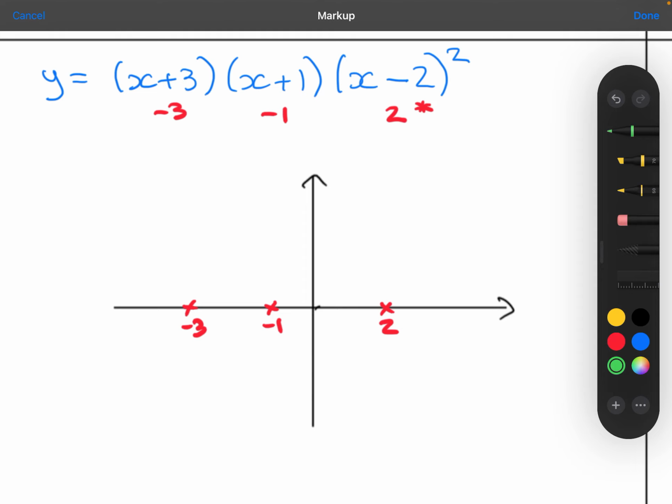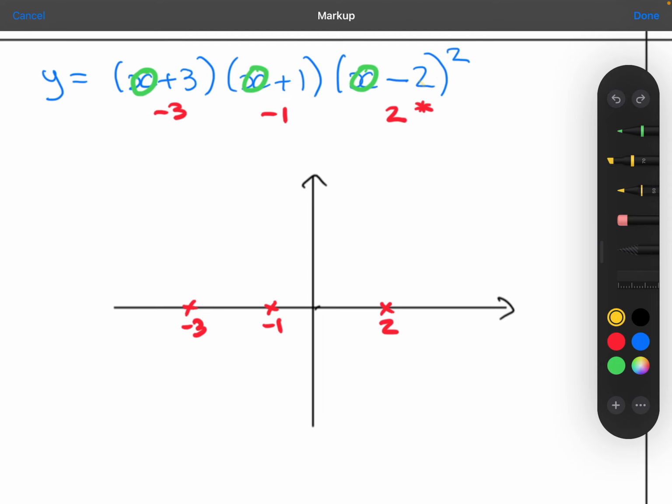I'd like to know the y-intercept. So when x is 0, 0 plus 3 times 0 plus 1 times 0 minus 2, all squared. So 3 times 1 times minus 2 squared.